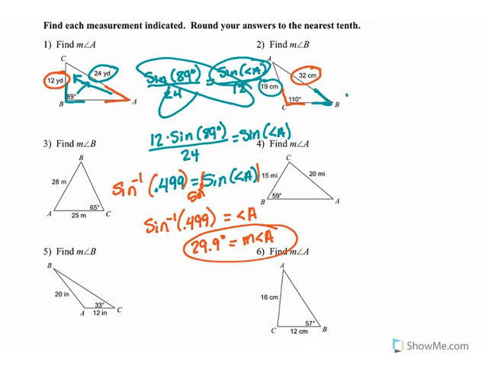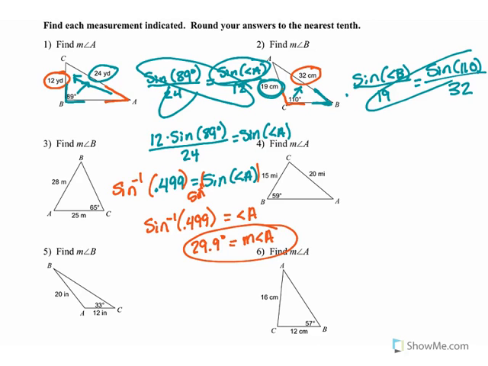Okay. So we are going to do the sine of angle B over the side that goes with B is 19 equals the sine of 110 degrees, and the side that goes with 110 is 32. So then we multiply diagonally, and we divide by this one.